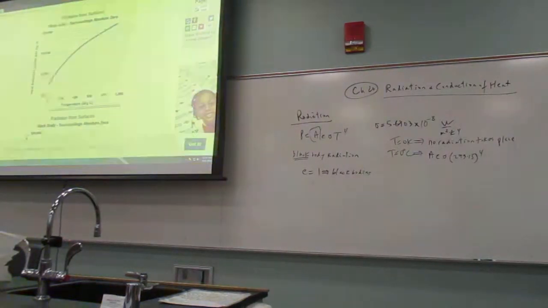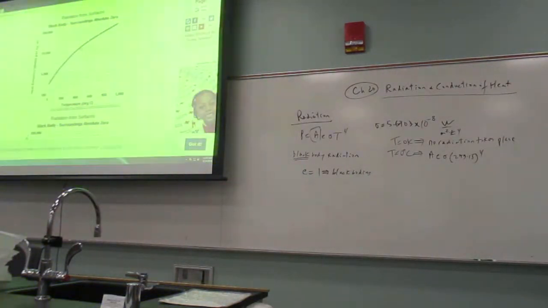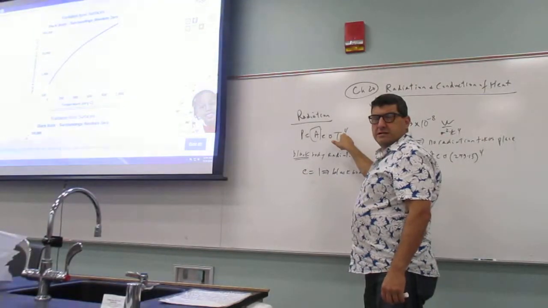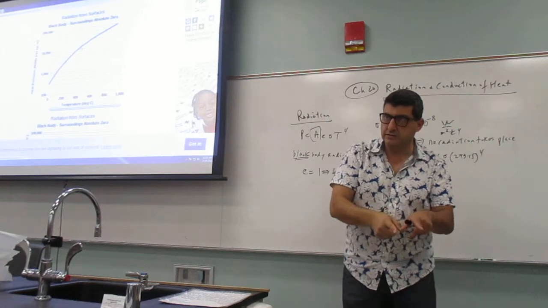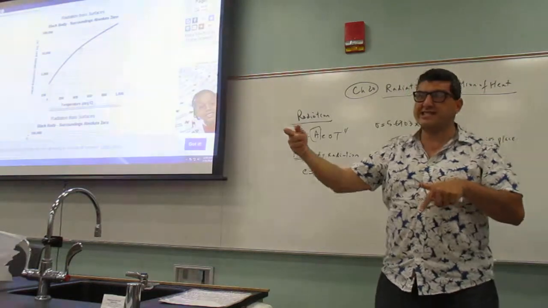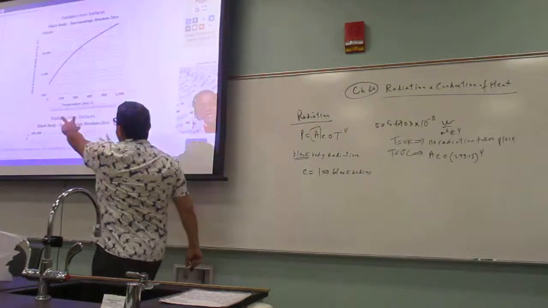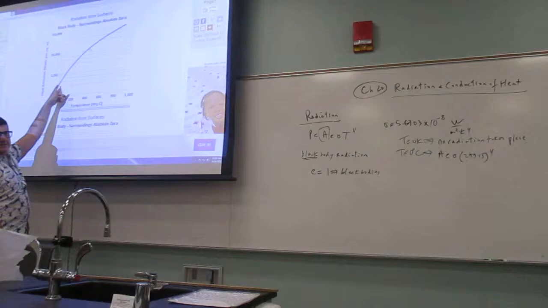So what's happening when you go from 0 to 200 Celsius? When you go from 0 to 400 Celsius, the power radiated becomes more and more, right? Since it's the temperature to the power 4, every time the temperature doubles in the Kelvin scale, the power radiated multiplies by a factor of 16, 2 to the power 4, right? So when you go from 0 to 200 Celsius, by what factor should the power increase?